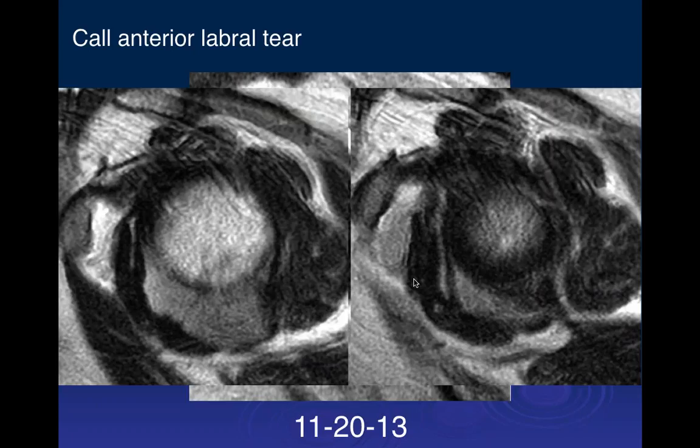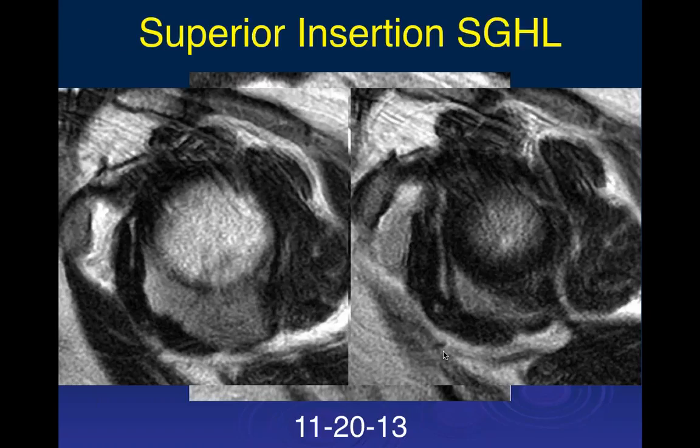If we go to the oblique sagittal images, now with contrast, we can actually see the subscapularis tendon and middle glenohumeral ligament. One cut over, we have the subscap tendon, middle glenohumeral ligament, and then what's this structure? I think this is going to be a superior insertion of the inferior glenohumeral ligament. Let me remind us of what we talked about yesterday.